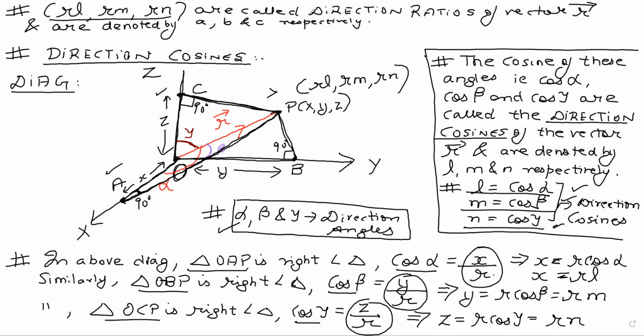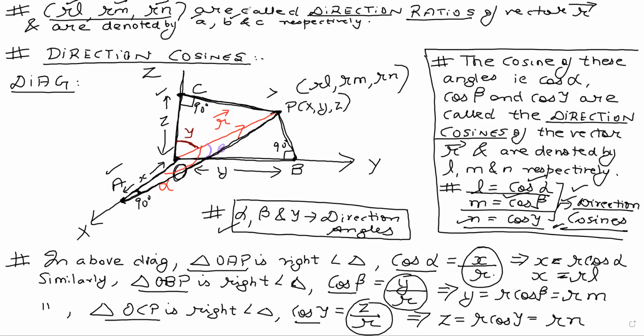You can see that the direction ratio is proportional to direction cosine because it's r times l, l itself is cos alpha, r times m, m itself is cos beta, r times n, n itself is cos gamma. So the direction ratios of the vector are proportional to the direction cosines. And the direction ratios are denoted by a, b, and c respectively. So a is equal to rl, b is equal to rm, and c is equal to rn.